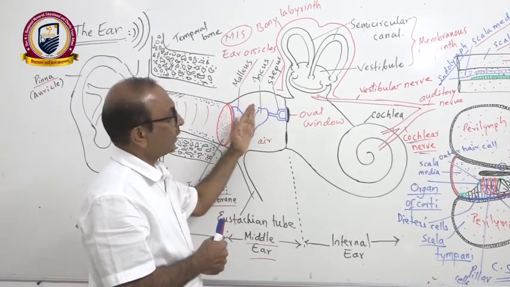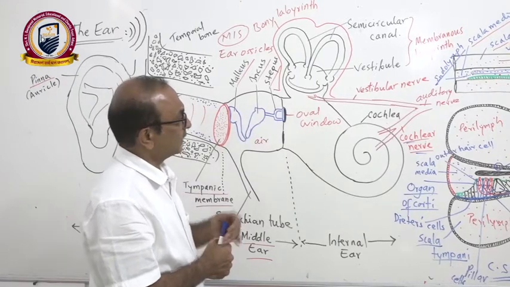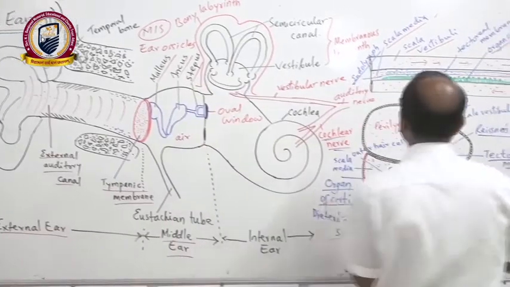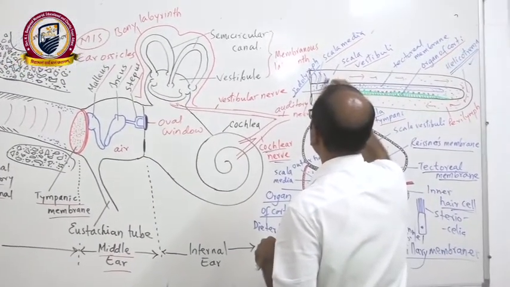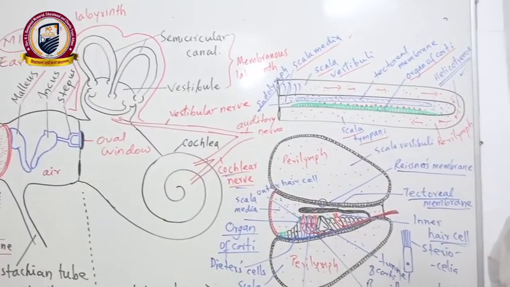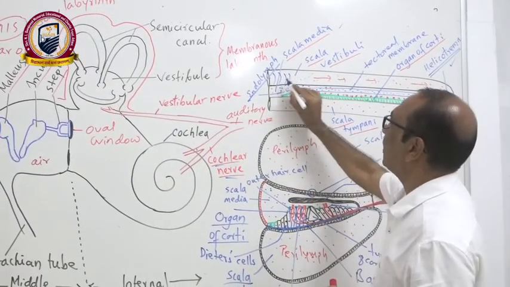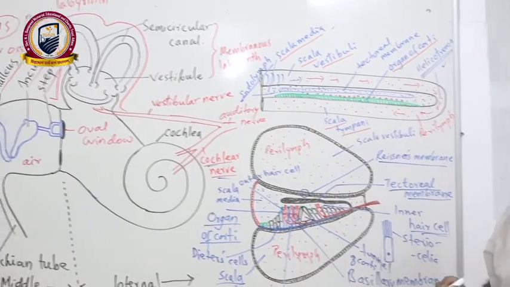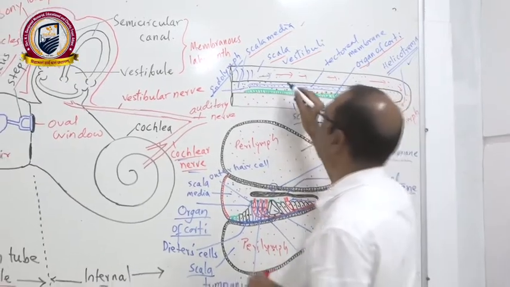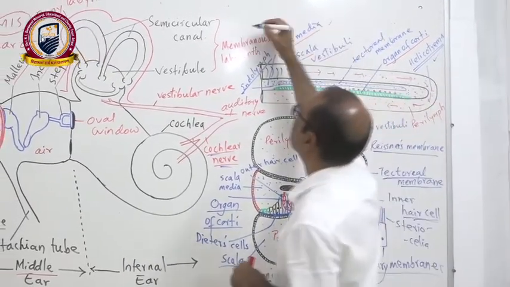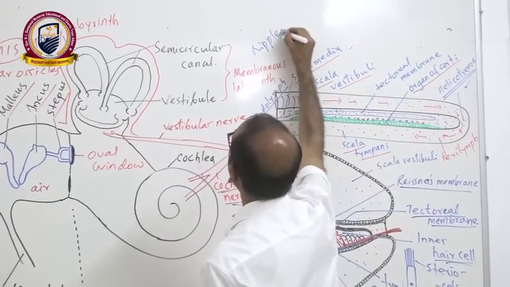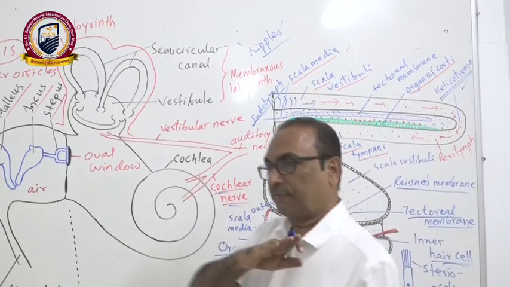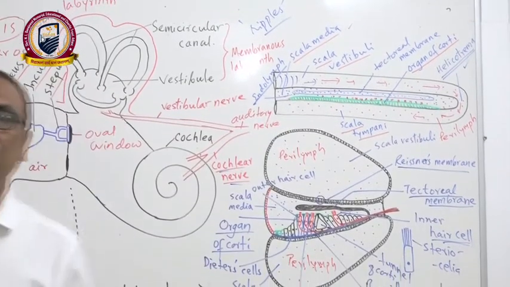Now those waves are transferred to the cochlea through the oval window, and the vibrations caused by the sound waves make the lymph, the perilymph, move. And this perilymph actually shows ripples. Ripples means wave-like things on the water surface.